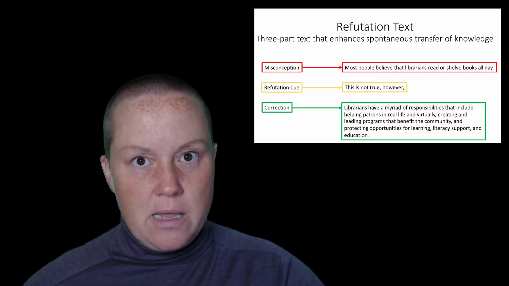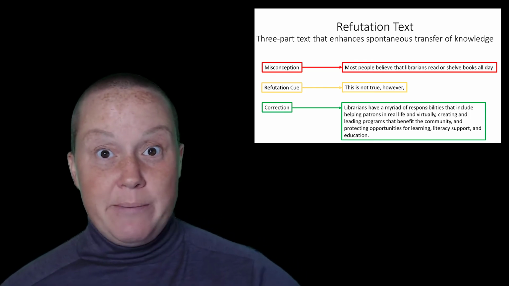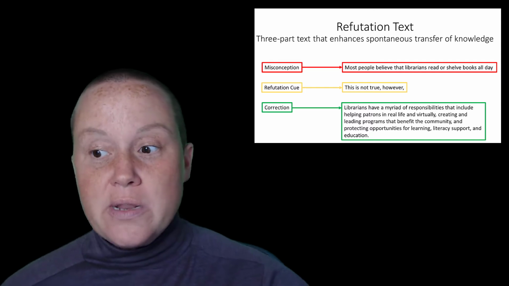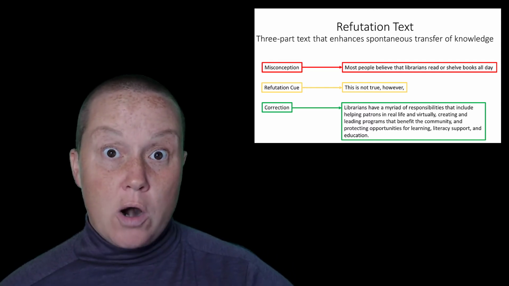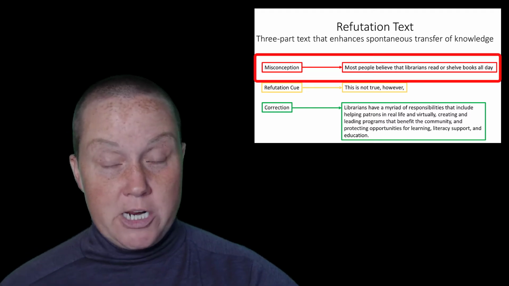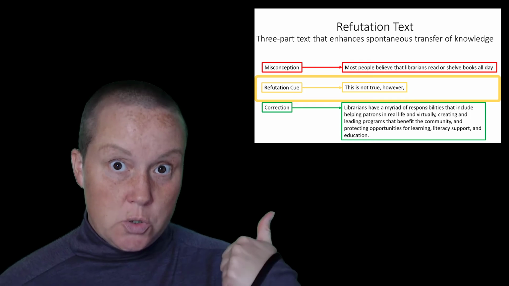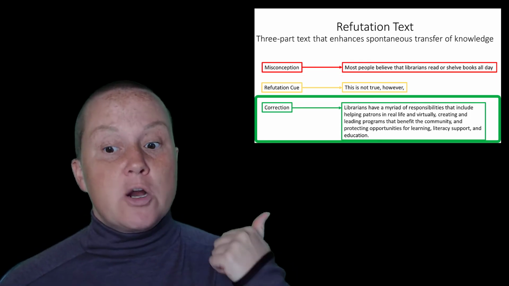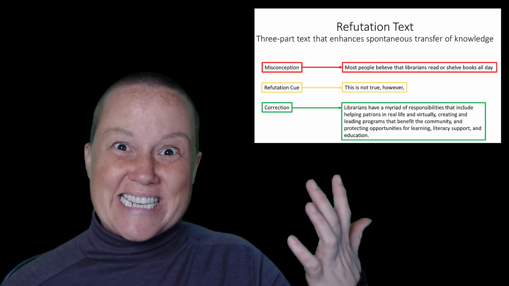I know that sounds like a lot, but it's crazy simple. If you take a look at the example right here, you'll notice that the three parts of the refutation text are the incorrect information, then we have the actual refutation cue, and then followed by the correct information, which is based on science and or fact.